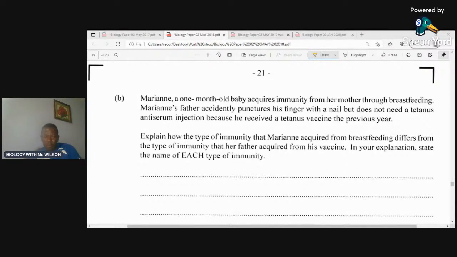So what type of immunity did Marianne the baby get? So the father had artificial active immunity.